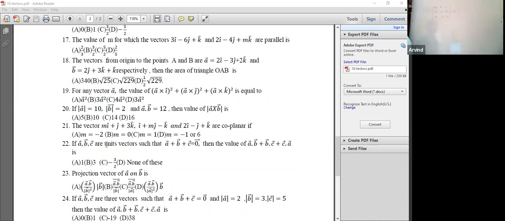Meanwhile, let me also do it. So it will be M 1 3 and 1 M minus 1, 2 minus 1, 1. So determinant of this is equal to 0.